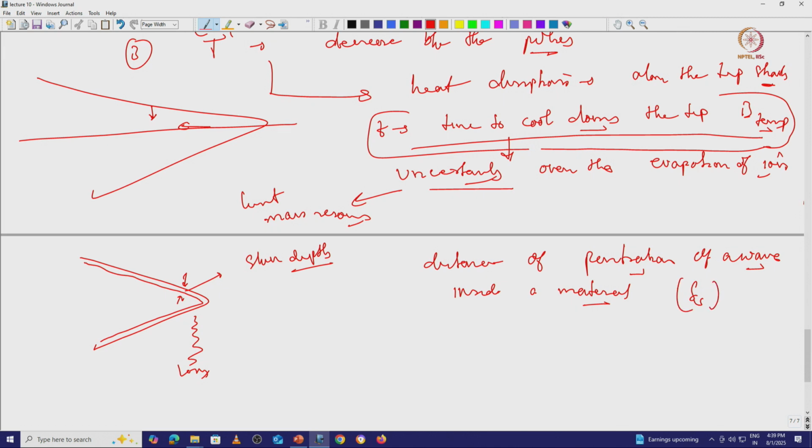And the delta S for a wave which has a pulsation of omega in a material which has electrical conductivity sigma E and permeability mu E can be given as the root of 2 divided by sigma E mu E omega. Okay, so here sigma E is the electrical conductivity of the material, mu is the permeability, fine, and omega is the pulsation of the wave.